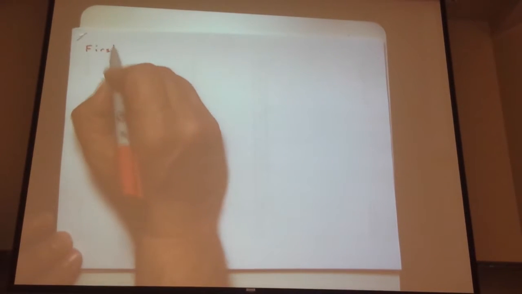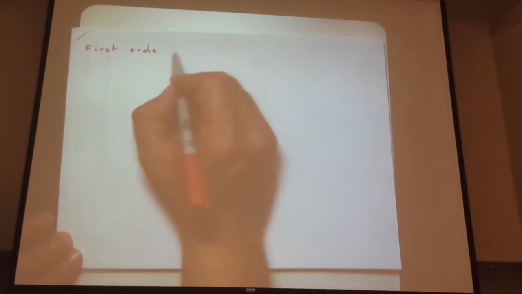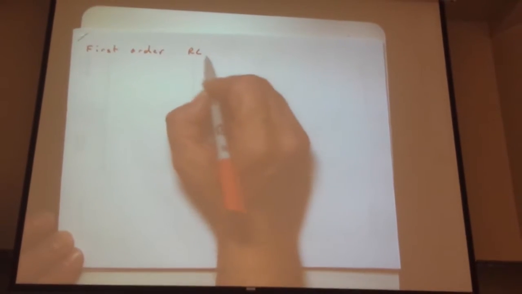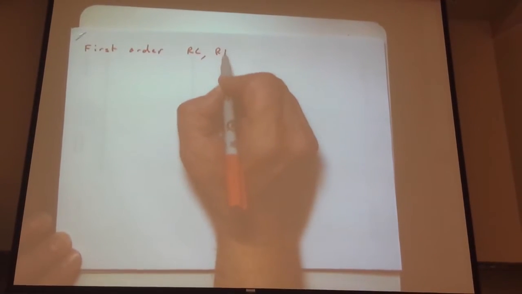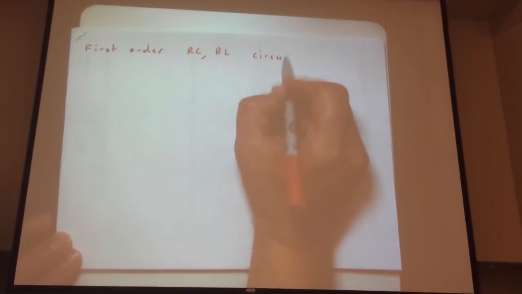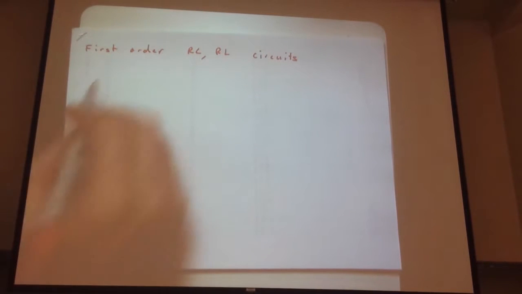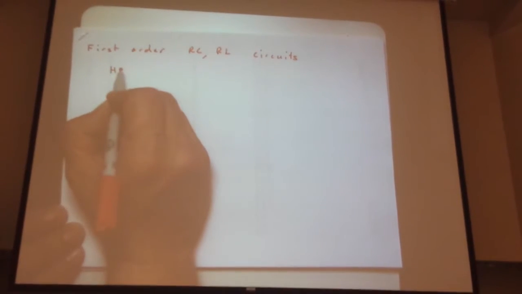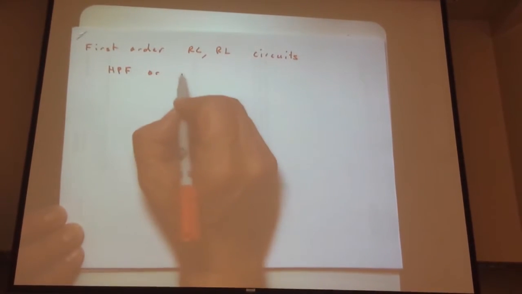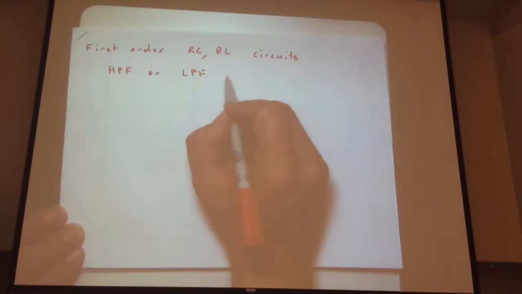Okay, so kind of just to revisit our concepts. With our first order circuits, RC or RL circuits, we can build a high pass filter or a low pass filter per stage.